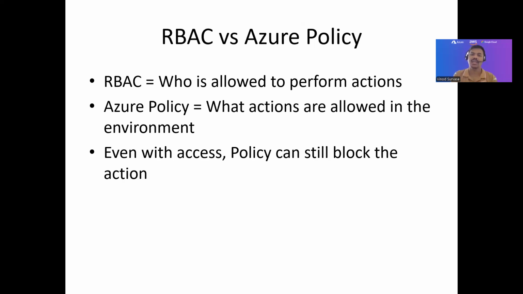So what one can do, what one cannot do, and even if we are giving access, policy can still block those actions because we are enforcing different aspects, including regions, or it could be encryption, or any policy that we are going to enforce and deploy. So that's how it is going to be, and based on that, it is going to be deployed as well, right?